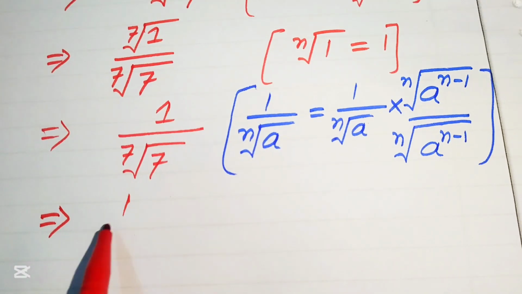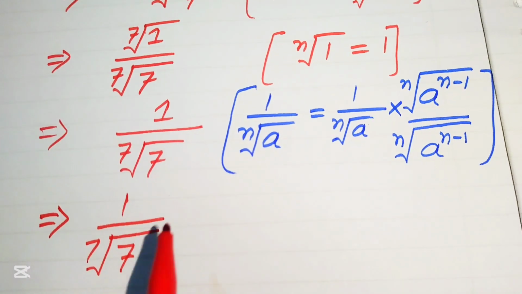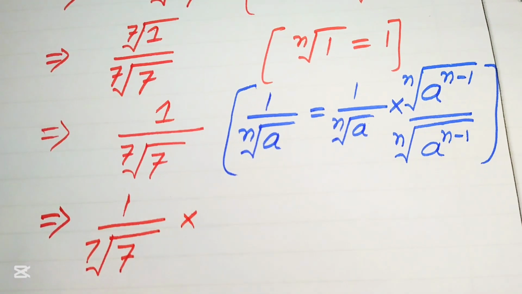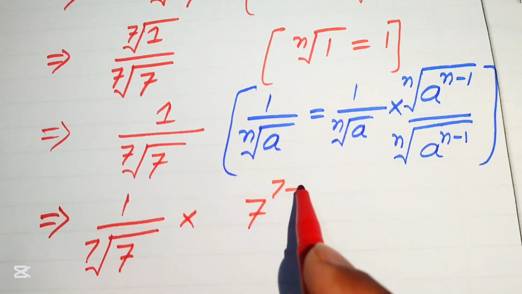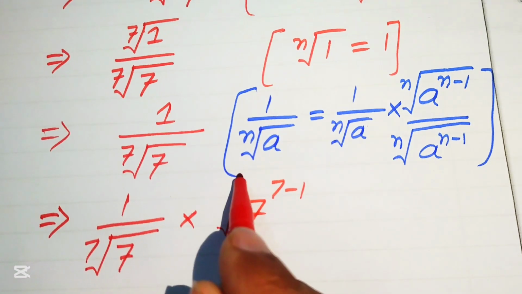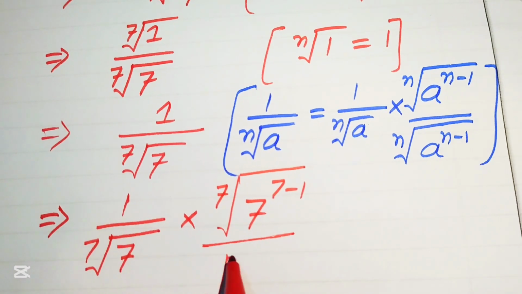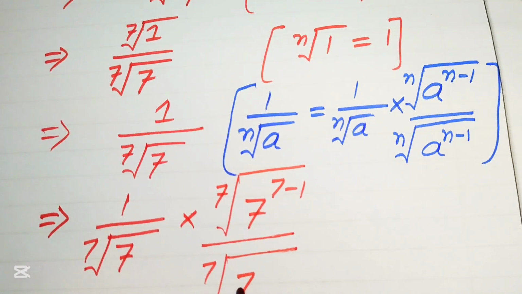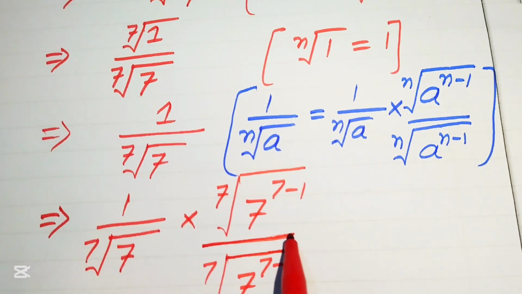So here we apply this radical law. First we write this term as 1 over 7th root of 7, multiplied by the 7th root of 7 to the power of 7 minus 1, divided by the 7th root of 7 to the power of 7 minus 1.